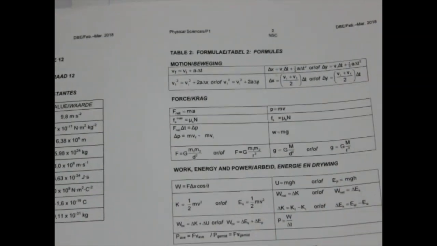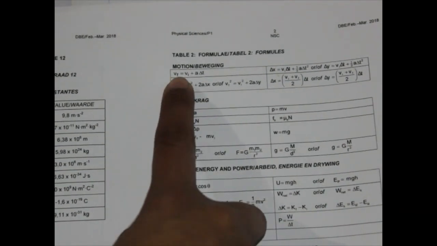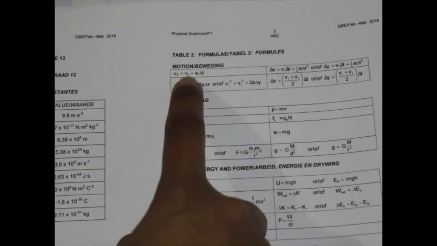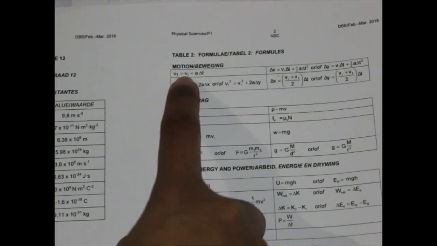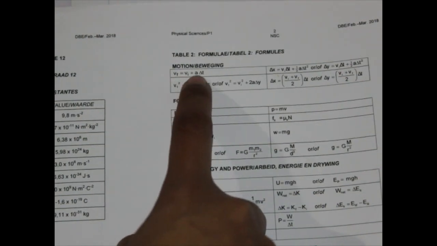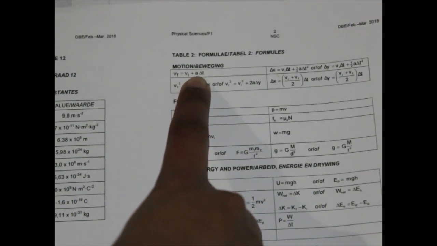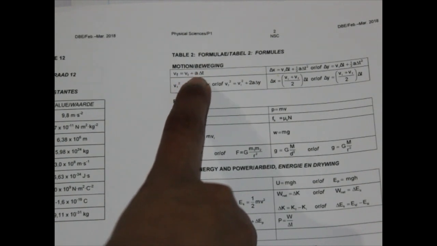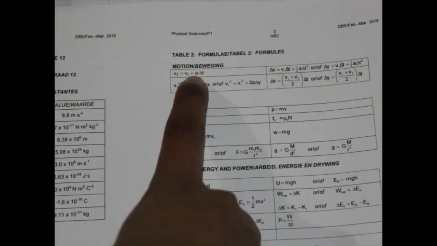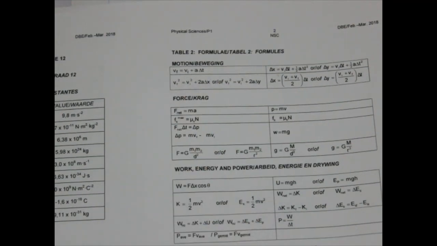In here you can see that our final velocity and our initial velocity are available. Our acceleration in this instance, because it is vertical motion, will be the same as gravity. So you can change the a into a g. And then the time is what we need to find.